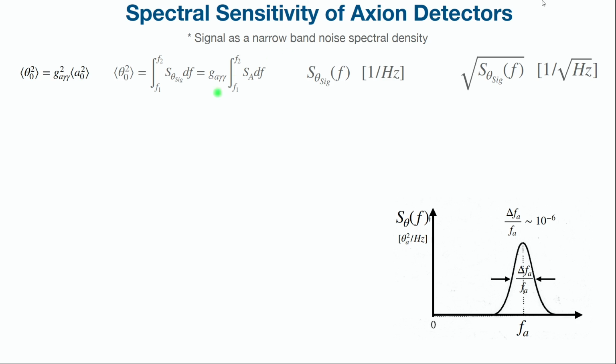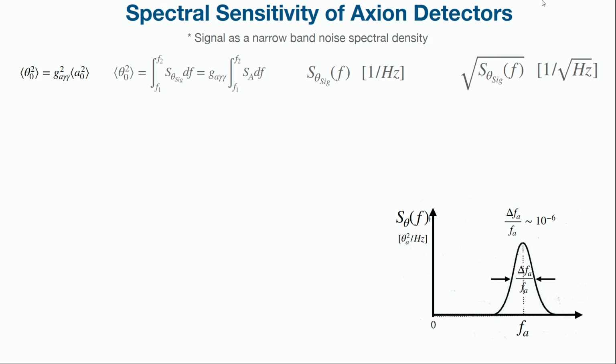We've got this theta, I called it theta naught here, but anyway, the average value of this is just some integral over some spectrum, where this spectrum has the units 1 on hertz, and if we take the square root of that, that's 1 on root hertz. So that's like strain per root hertz. Strain has got no units; it's per root hertz, and we know strain is on the same order as this, so we can put everything on the one figure.